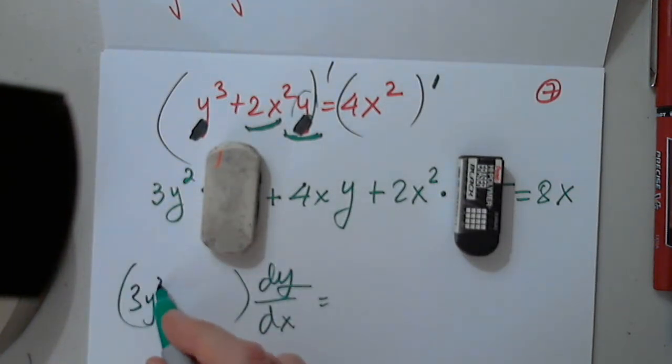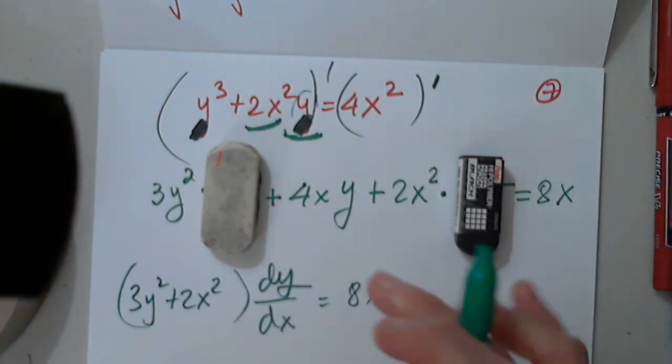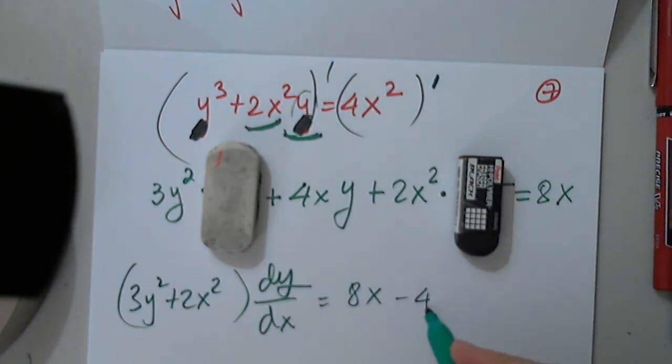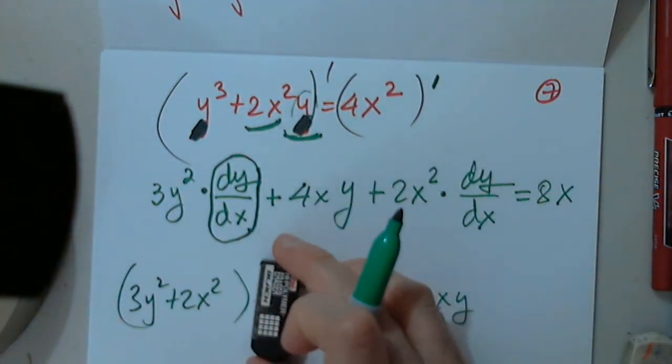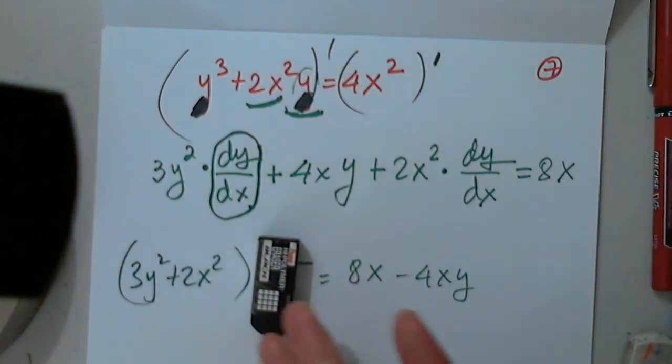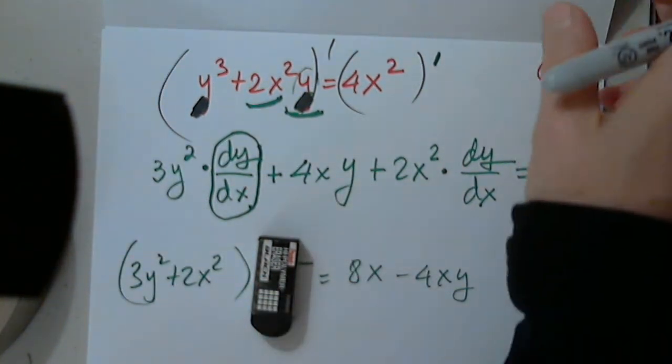That's it. Equals 8x minus, this is our variable. How do I solve this equation for this variable?